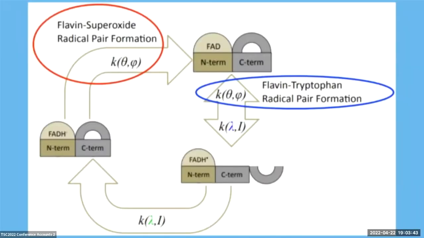My research investigated whether a theoretical model based on flavin's known formation of radical pairs with oxygen and tryptophan could explain the light-dependent orientation of migratory birds that has been observed in behavioral experiments.